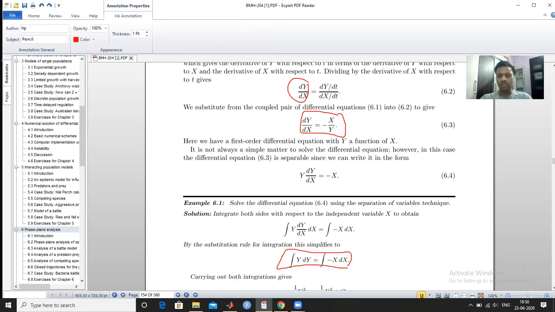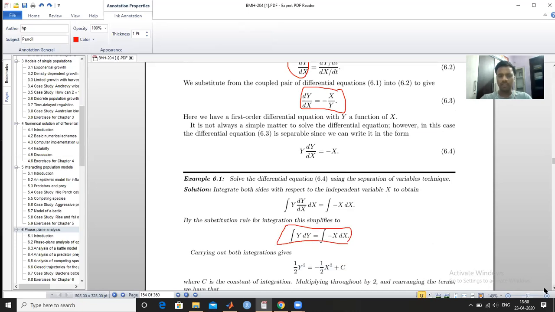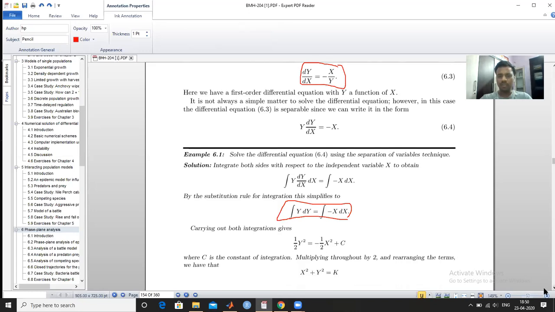If you integrate both sides, you get y square by 2 equals minus x square by 2 plus c. If you multiply the whole equation by 2, the relationship can be converted into this equation: x square plus y square is equal to k.